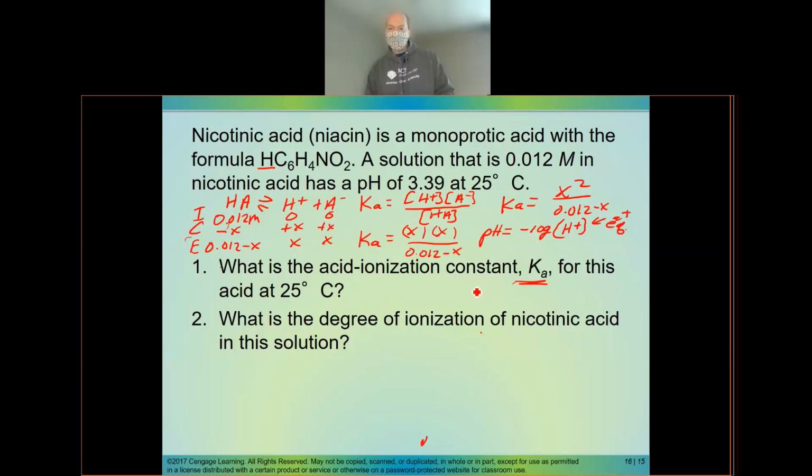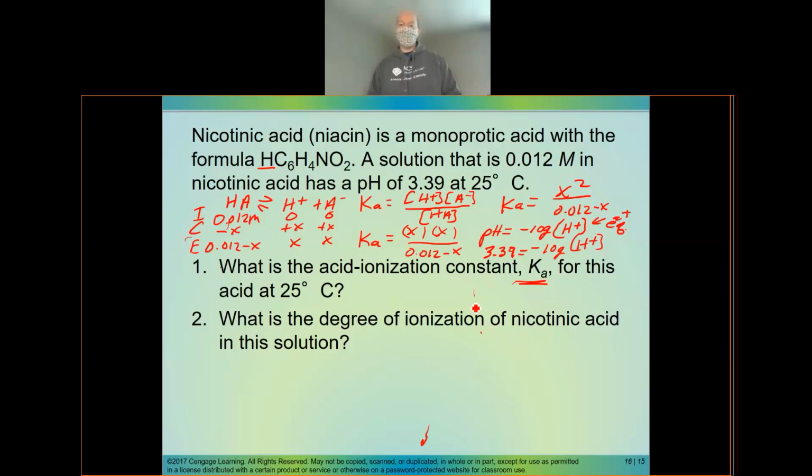And so we have pH 3.39 is equal to the negative log of H plus. Now to solve this, you have to take the negative of both sides, and then you have to push your inverse log, second log button, which on your calculator is a 10 to the x.